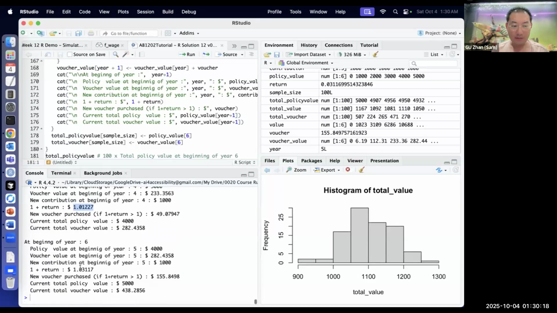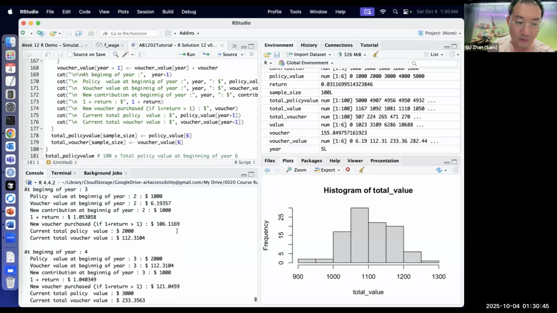So this is an example showing that in the entire 5 years you never lose money, so the return is always positive. By the end of year 5 or beginning of year 6, you have your principal of $5,000. You invest $1,000 per year over the 5 years, and the total voucher accumulated is this.